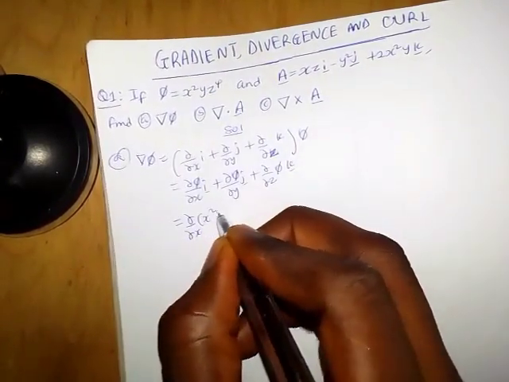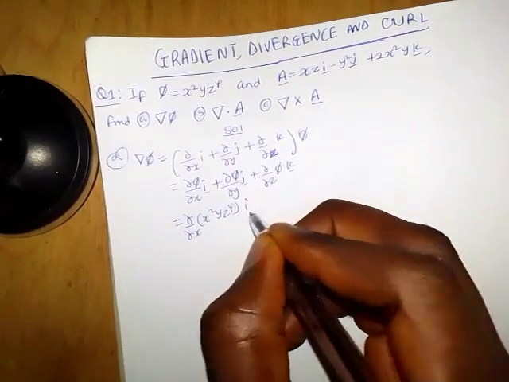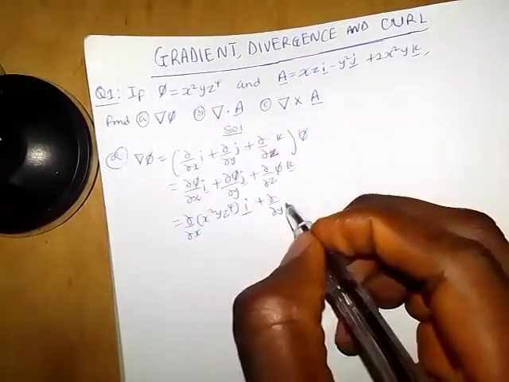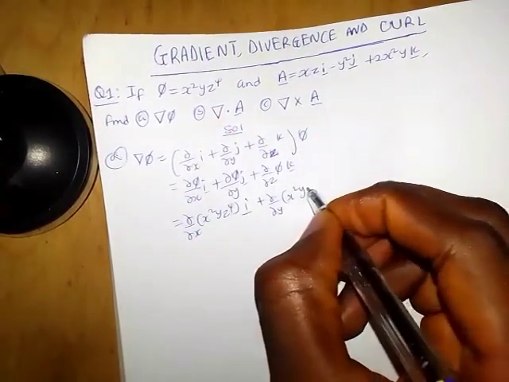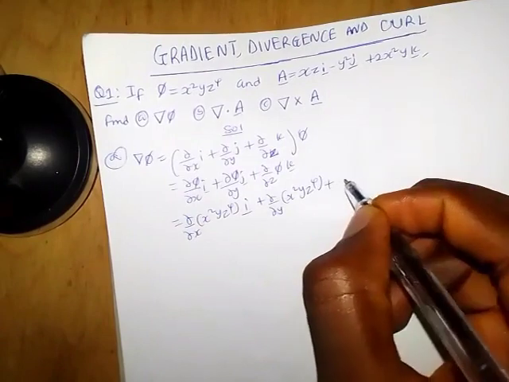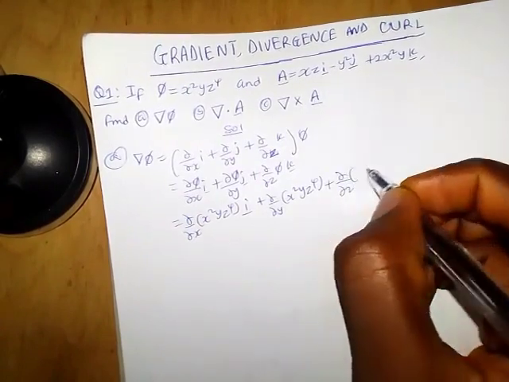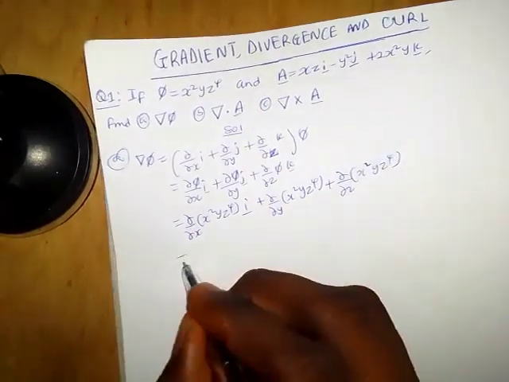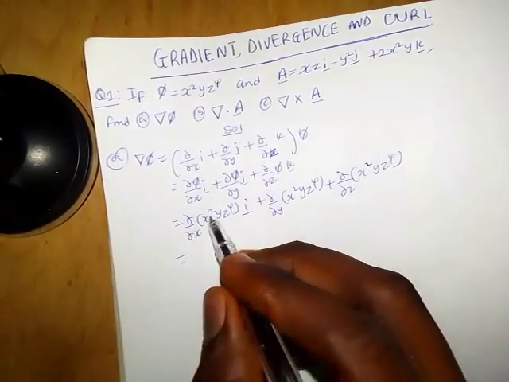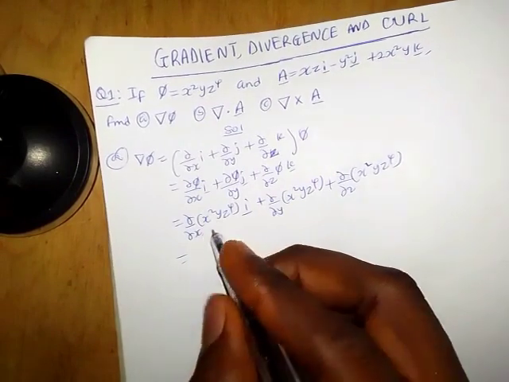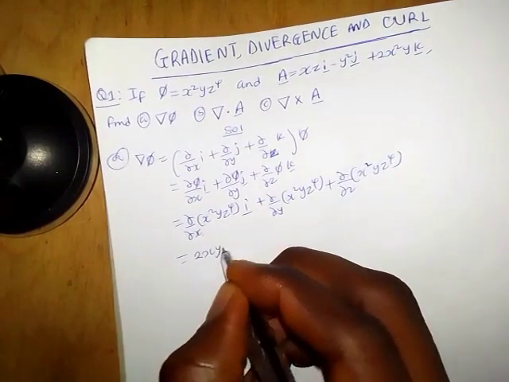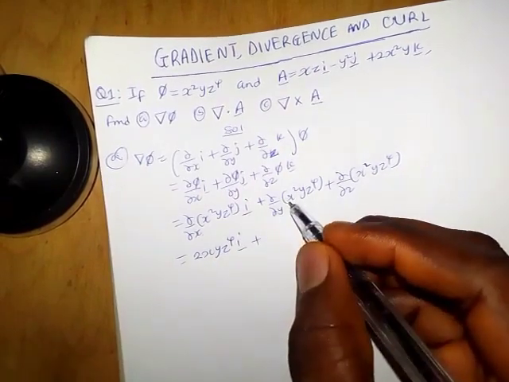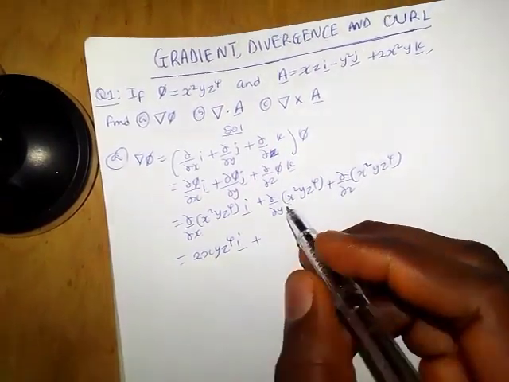We have partial x of x squared y z raised to power 4, the i unit vector, plus partial y of x squared y z raised to power 4, plus partial z of x squared y z raised to power 4. So now we differentiate our scalar function with respect to x for the i component. So we obtain 2xy z raised to power 4 i unit vector, plus we differentiate our function also with respect to y.